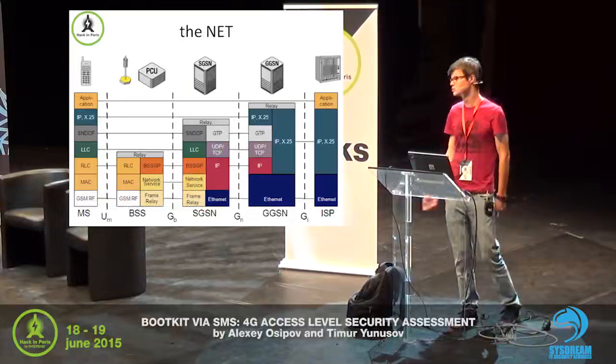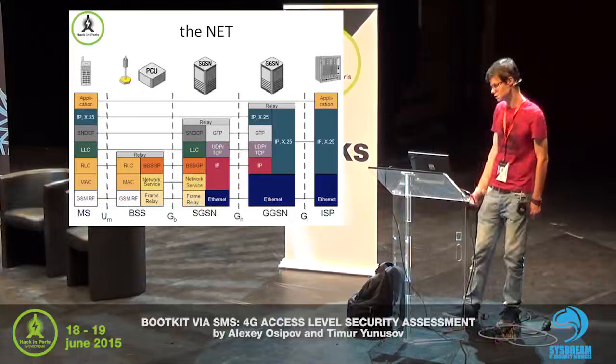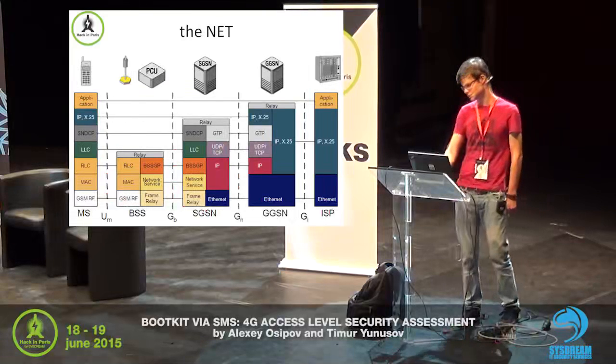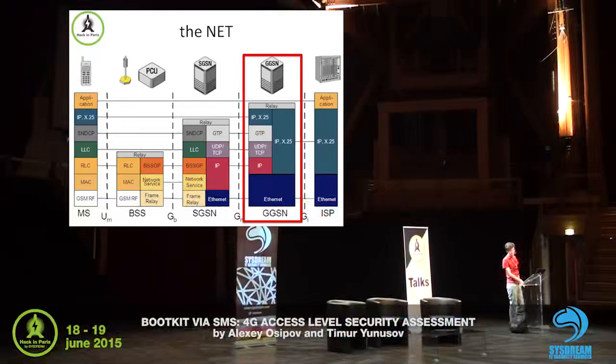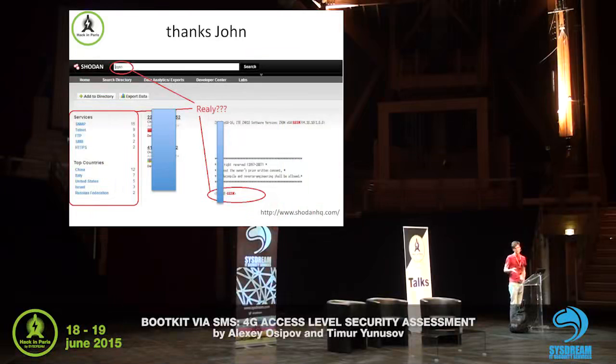We will speak about the IP network, IP access, and about this device, GGSN. GGSN is something like a final point which provides access to the internet from the telecom, and this final point, which faces the internet, can also be accessed from the internet, and they are.